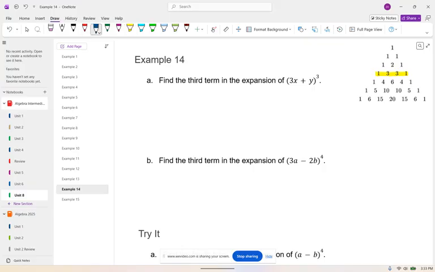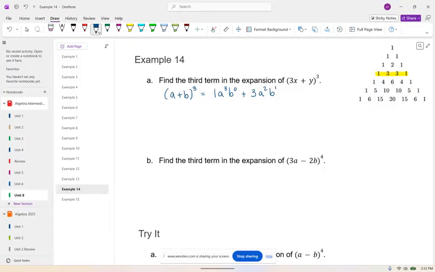We know that (a + b) raised to the third is going to equal 1 from Pascal's triangle, 1, a to the third, b to the 0, plus 3, a squared, b to the first.